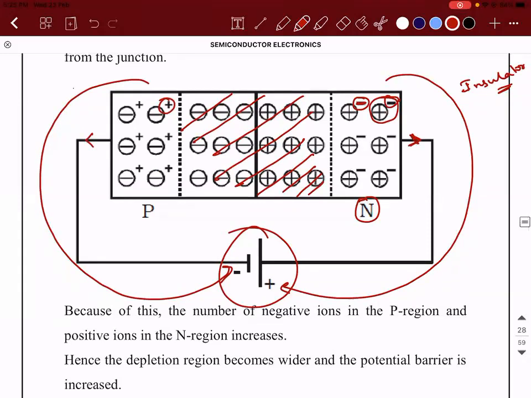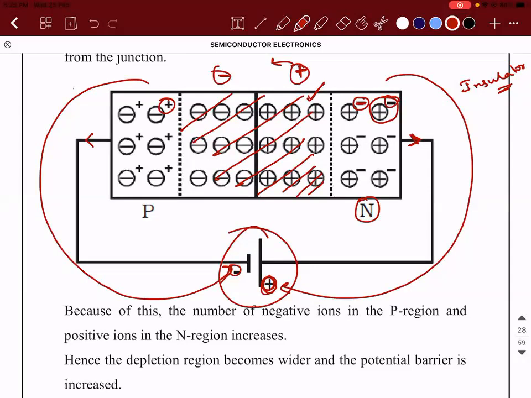As a result, there is nobody to restrict the barrier potential. The barrier already has a positive charge here and a negative charge here by default. Correct? So what will this positive charge try to do? This positive charge will try to push it in this way, and the negative charge will push it in this way.